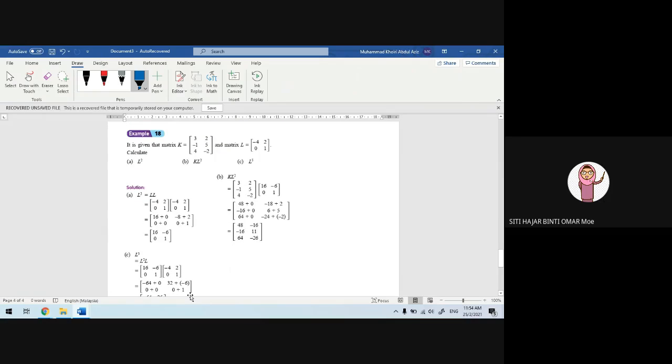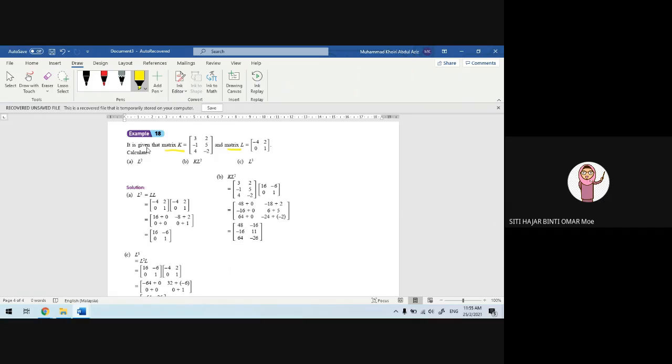Okay, next one. We have example 18. Given matrix K and matrix L. In this example, A is L square.